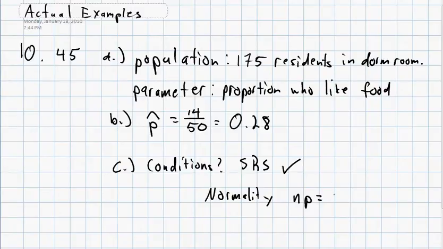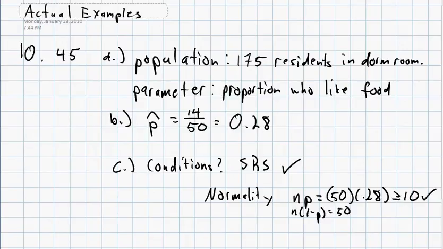So in this case, we have 50 times 0.28, and we have to see if that's greater than or equal to 10. It is. And so n times 1 minus p, which would be 50 times 0.72, and that is also greater than 10.